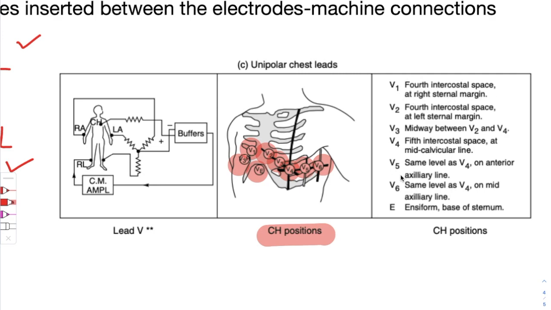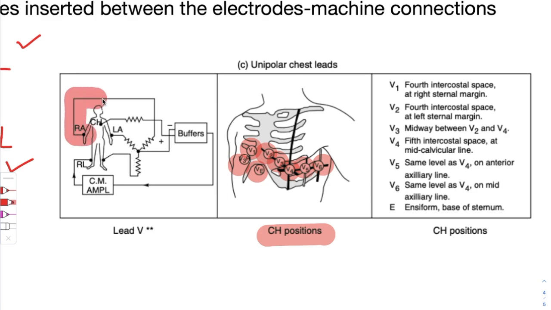This is not the important part. The important part is the function of these chest leads. So this is mainly the basic diagram of what we are doing to record the ECG.